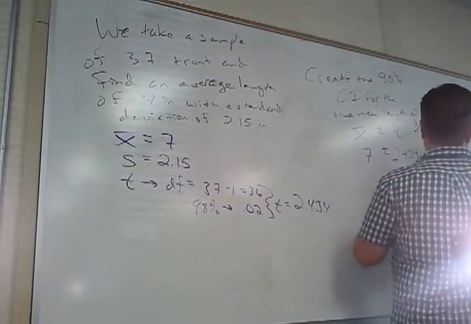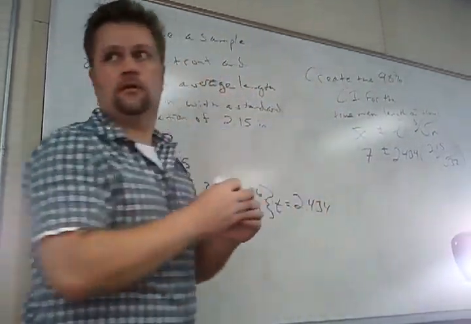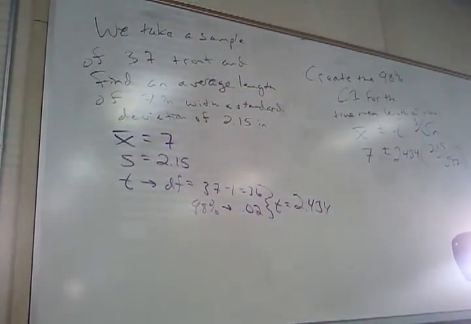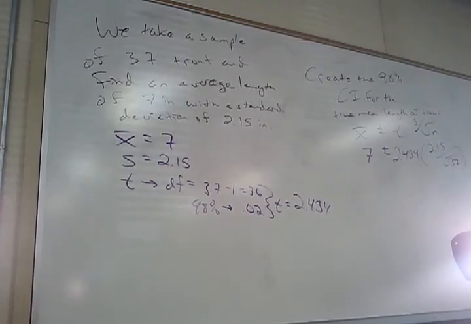Can I ask you a question? If it doesn't say it's from a sample, do you assume it's from a sample? What do you think? Yes. If it doesn't say, what happens normally in statistics is we take a sample. In fact, that's the whole purpose of this. And which would be worse? See if you guys get this. Doing this as if it's from a sample when it's really from a population, or the other way around.